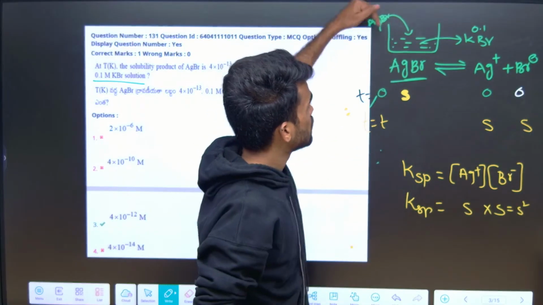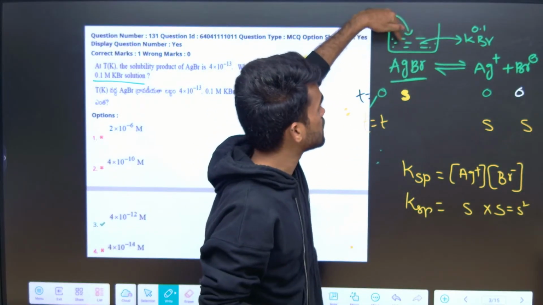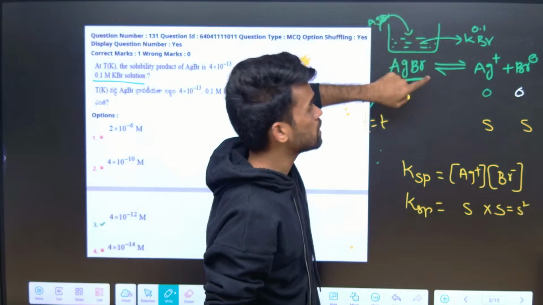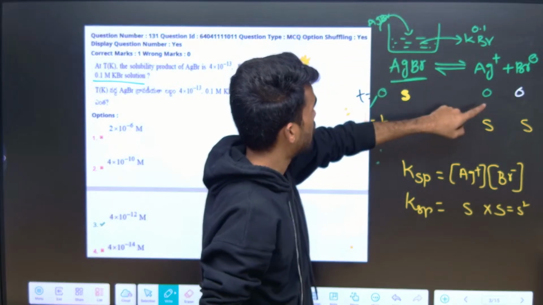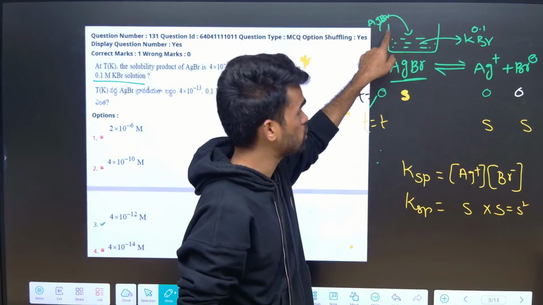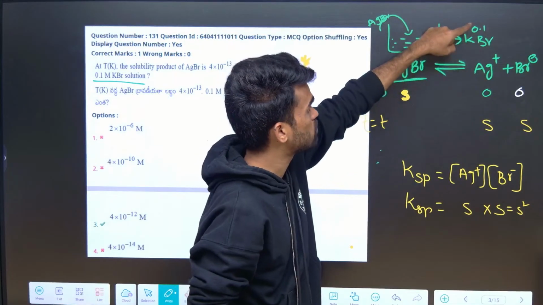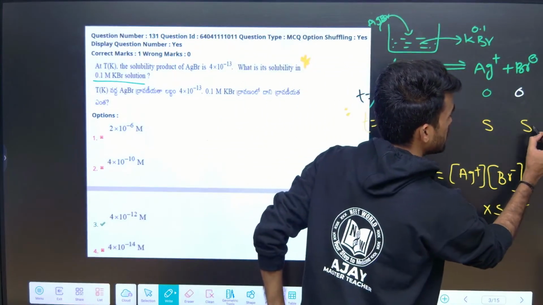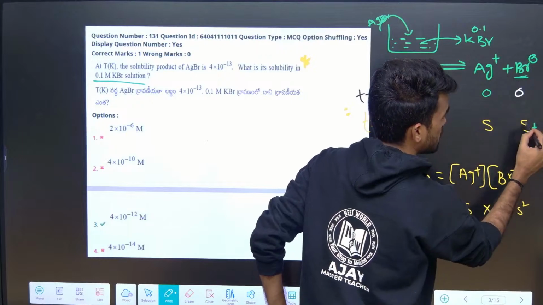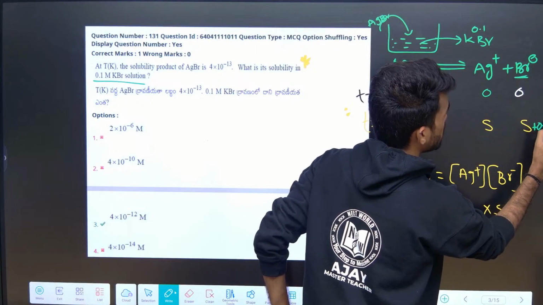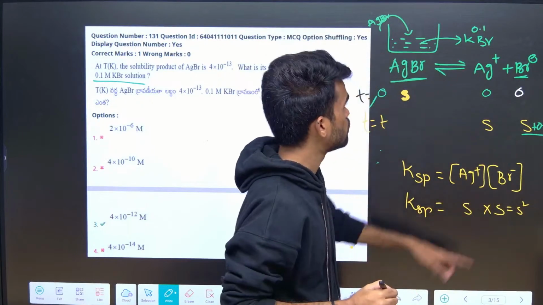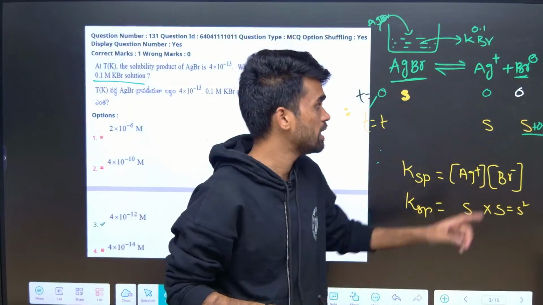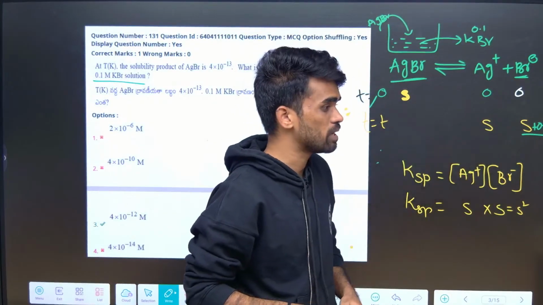In the same solution I am putting AgBr now. It means the total concentration of Br minus will be the concentration of Br minus from AgBr plus the concentration of Br minus from KBr, so I can write S plus 0.1. Why am I writing like this? KBr is a strong electrolyte, which will give 0.1 molar concentration.